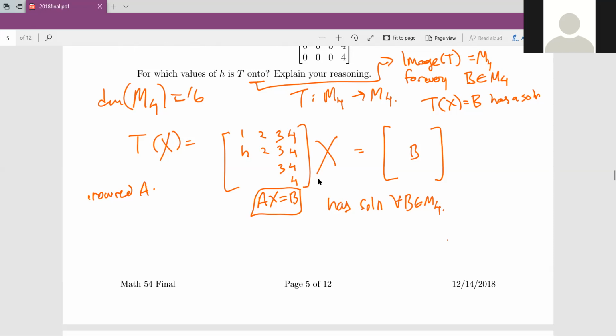Invertible? Invertible. So that's certainly enough, right? How would you find a solution if A was invertible? Take the inverse and find X that way. You mean multiply both sides by A inverse, right? Yeah. So if A was invertible, then it would be onto.